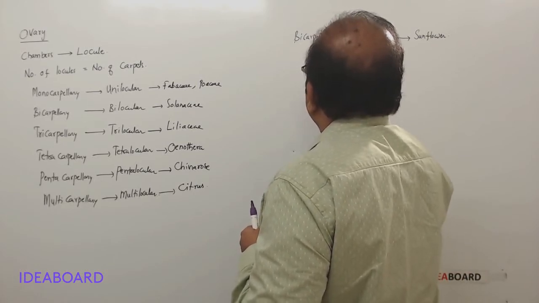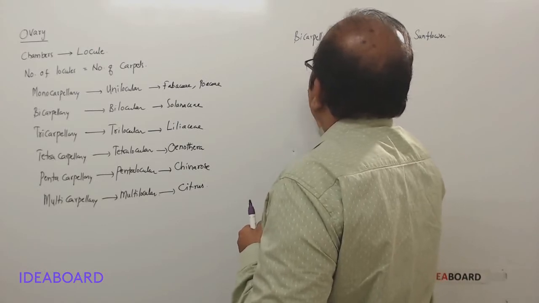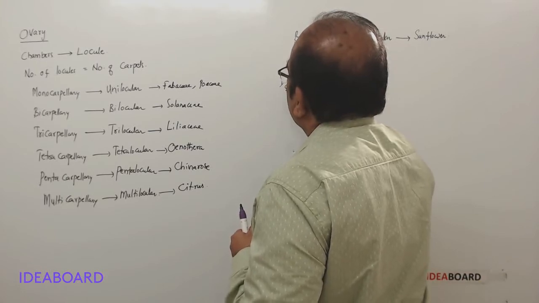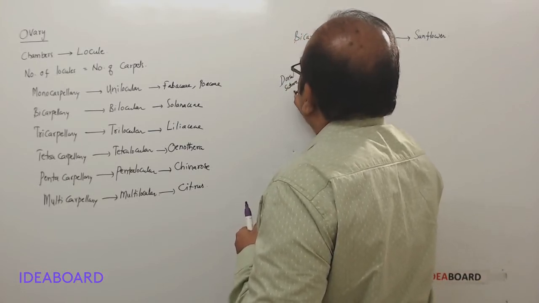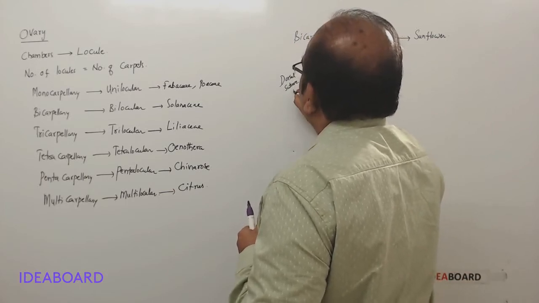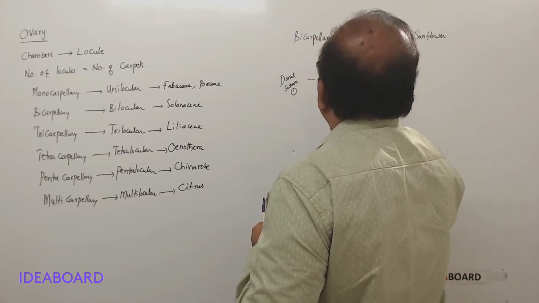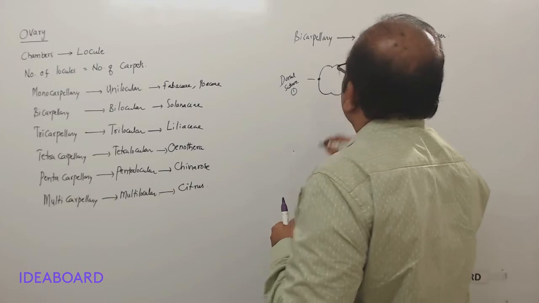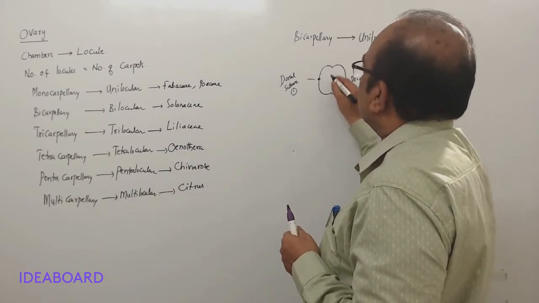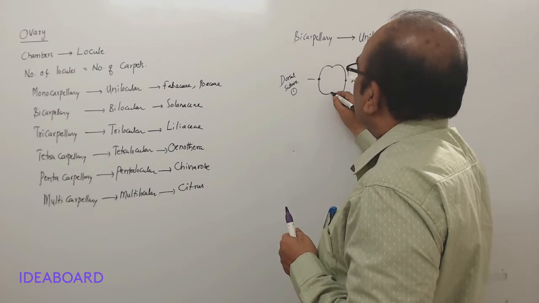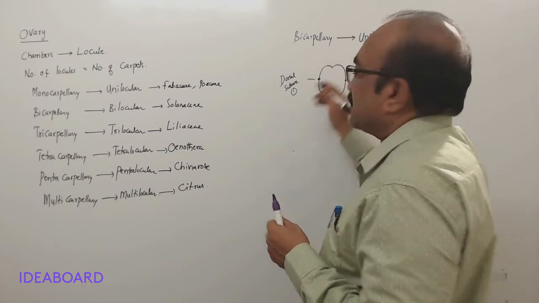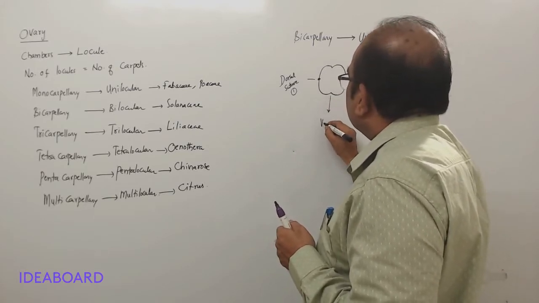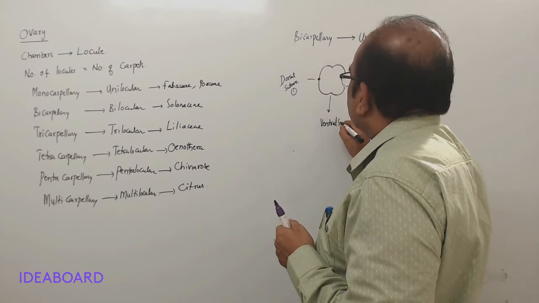And every carpel will have two sutures, and this is the dorsal suture of one carpel, let us say carpel 1, and this is the dorsal suture of the second carpel. And these two are the margins of the first carpel, and these are the margins of the second carpel, and the margins are fused, and they make the ventral suture.